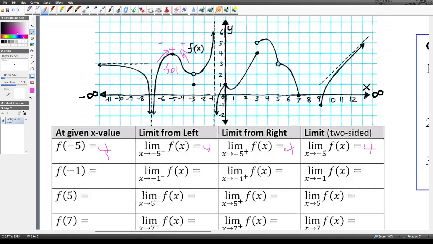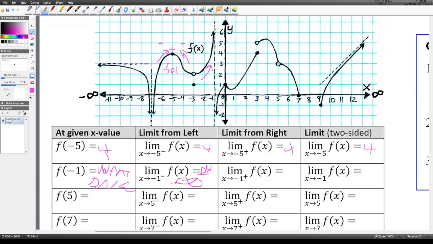Okay. To evaluate negative 1 would have been this asymptote right here. Since it's an asymptote, we can conclude that it's undefined, or does not exist. Now we're going to look for the limits. As x approaches negative 1 from the left side, it's approaching positive infinity, or it does not exist also.